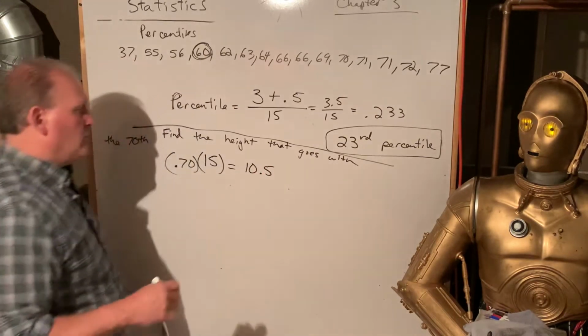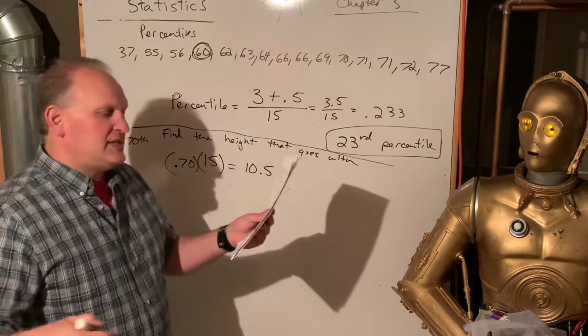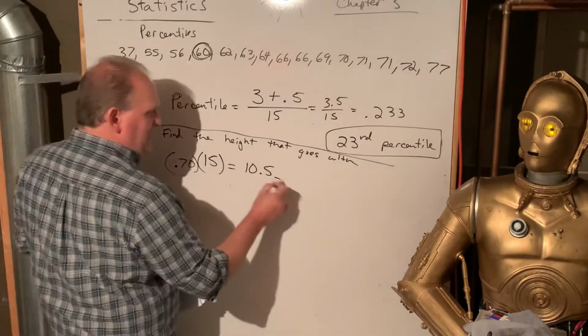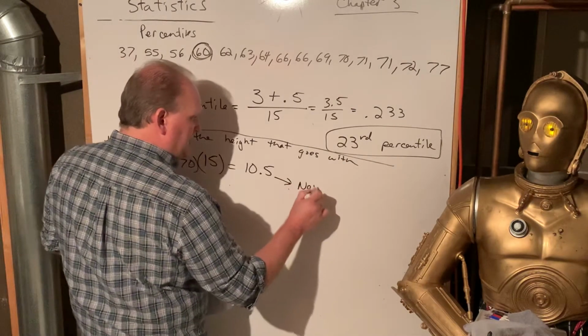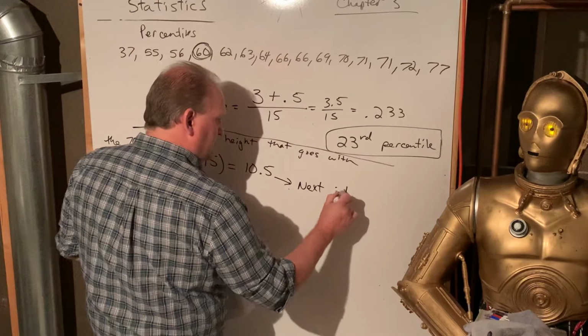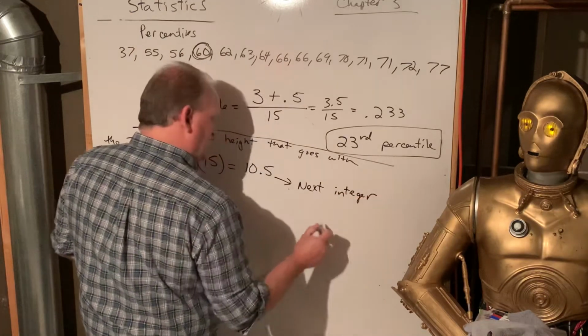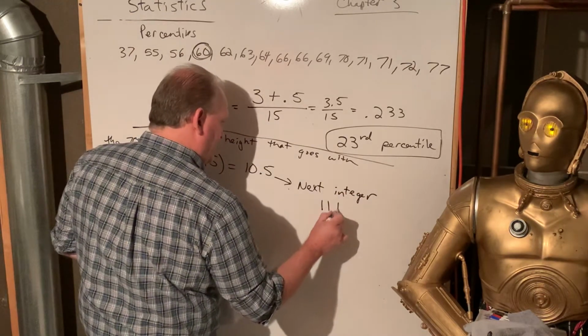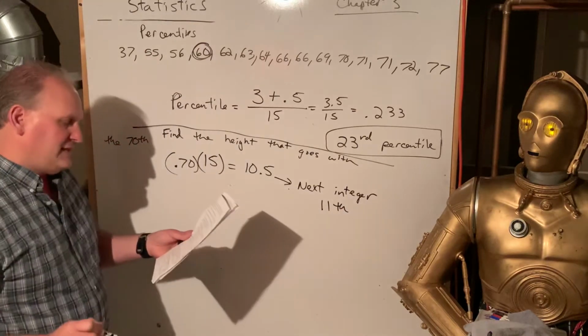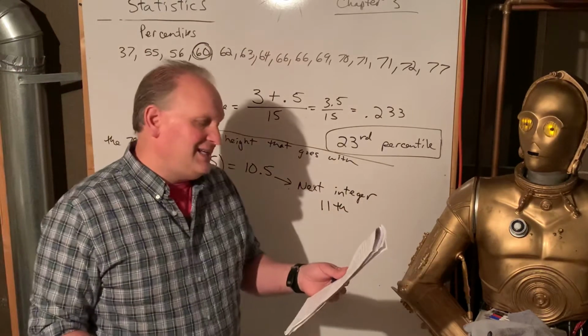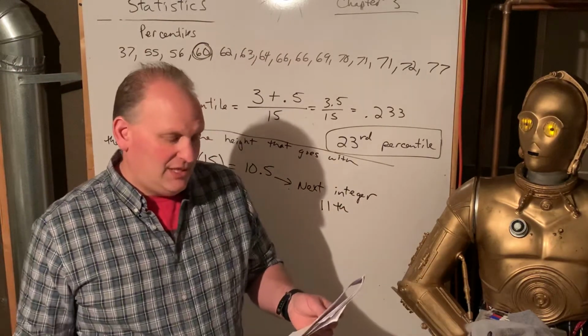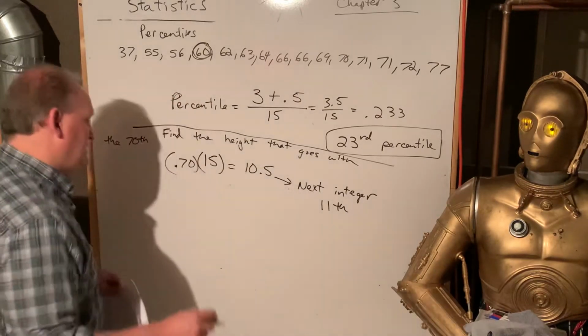And so no matter what, even if it was 10.1, even if it was 10.2, you take it up to the next integer, the next whole number. So that's the 11th. So you would be in the 11th position. 70 would be in the 11th position.